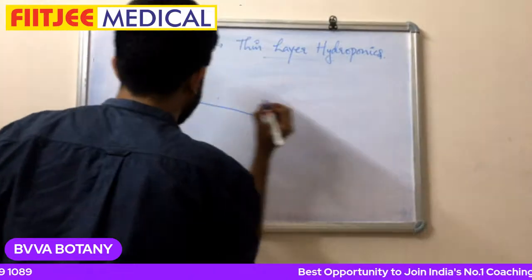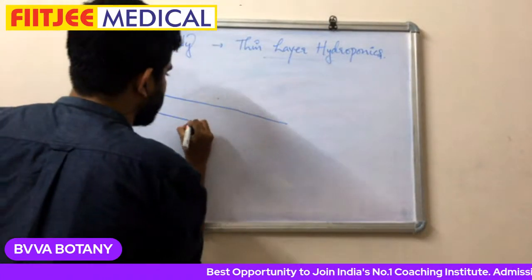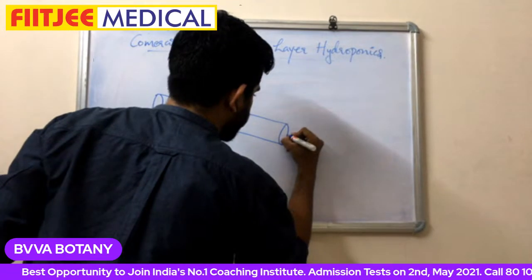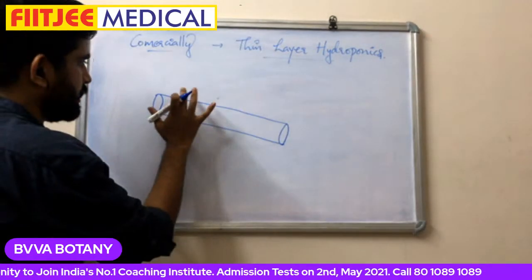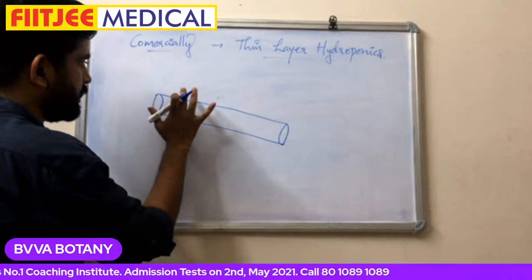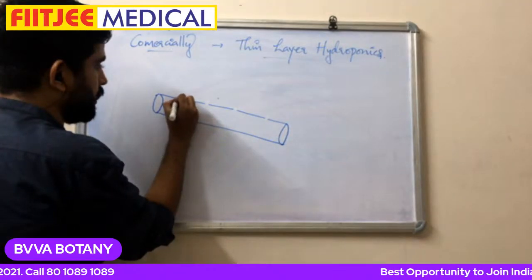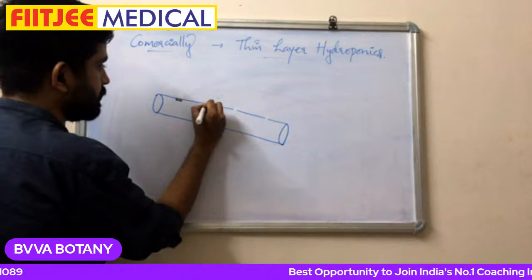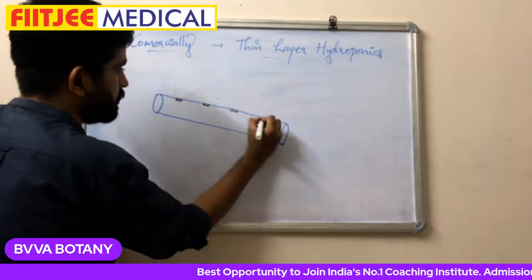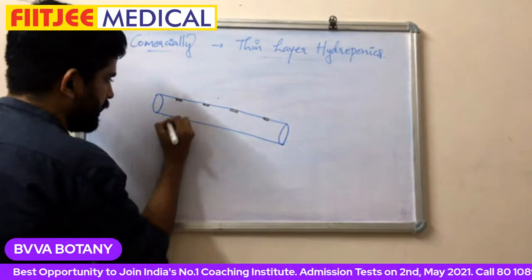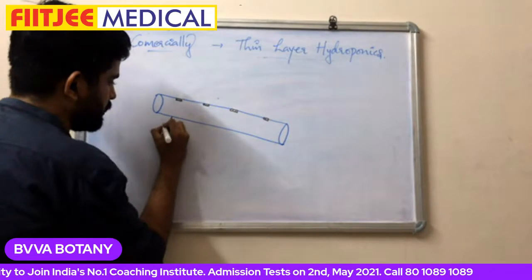A tube, and the tube is in a slanting position. In between the tubes there are some cavities, and these cavities are for holding the plants, like the previous way. The proper diagram is there in NCERT. This is just for understanding purposes that I'm drawing.